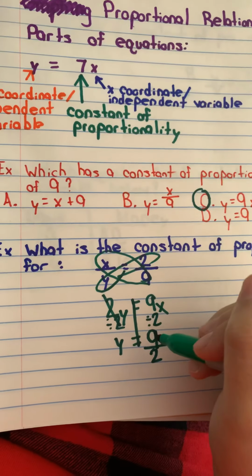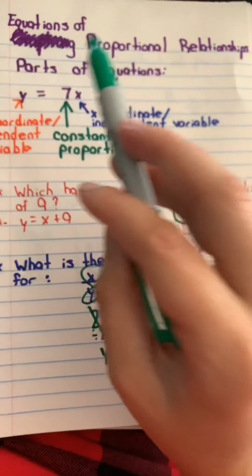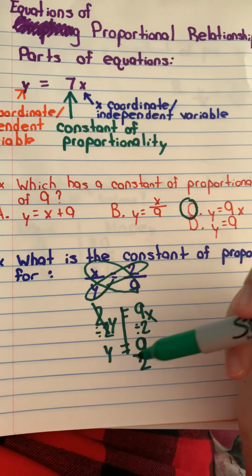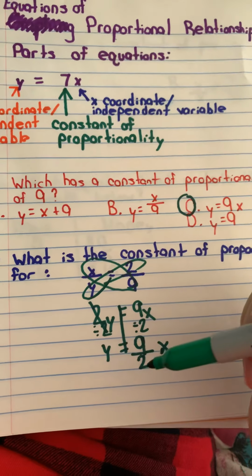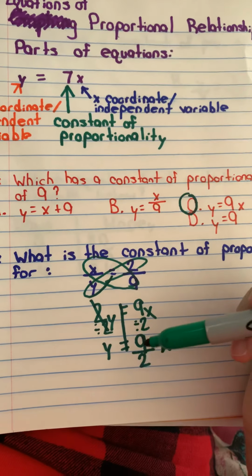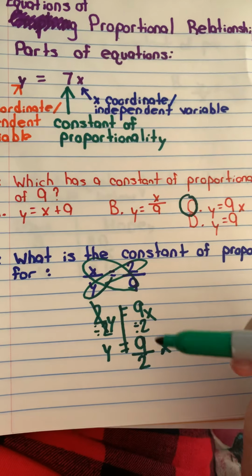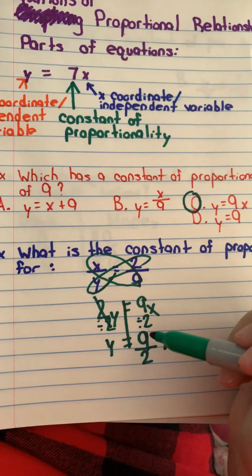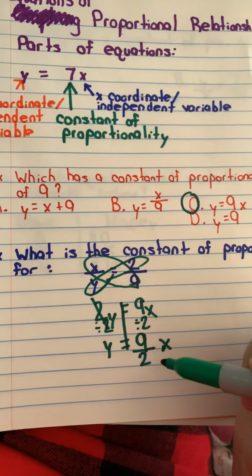You don't actually have to divide 9 over 2 because when we're using equations of proportional relationships, sometimes they're okay with just leaving it in fraction form. So you do want to look at your answer choices and see, is it left as a fraction or is it a decimal? In this case, we'll leave it in fraction form. So your constant of proportionality is 9 over 2.